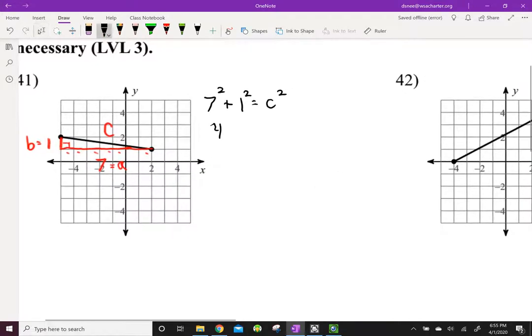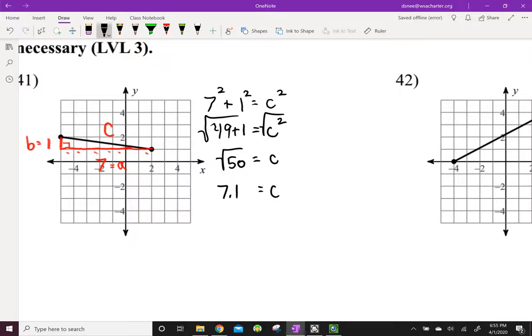So 49 plus 1 equals C squared. So the square root of 50 is equal to C, right? Because if I take the square root of both sides, the square root of 50 is approximately 7.07 or 7.1. Okay, so that's using the Pythagorean theorem.